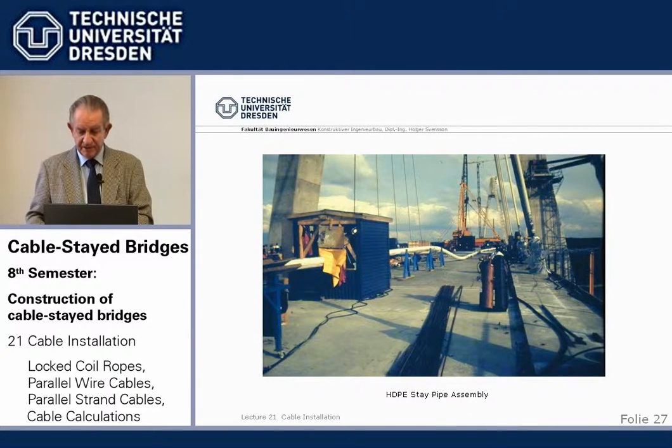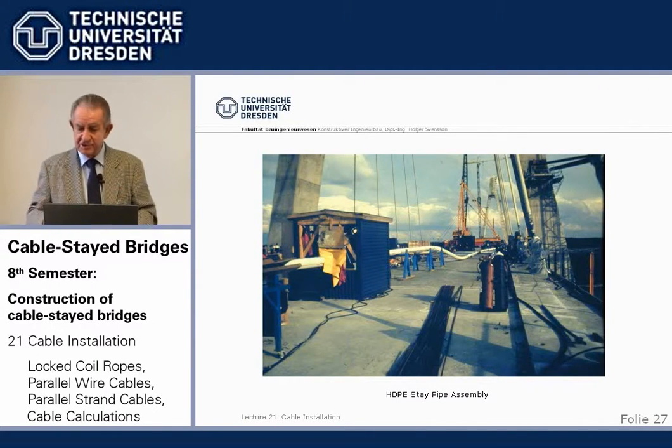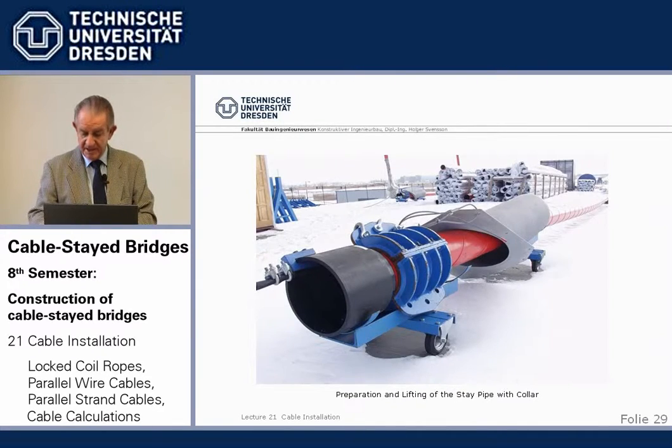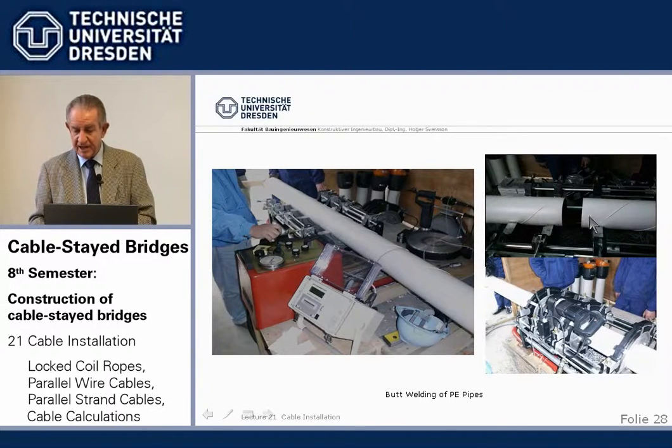Now, then we start making one long PE pipe from the individual sections. It's arranged on site, and then here we see two ends of a PE pipe, and then we use the butt welding or fusion welding, which means there is a hot disc inserted between.